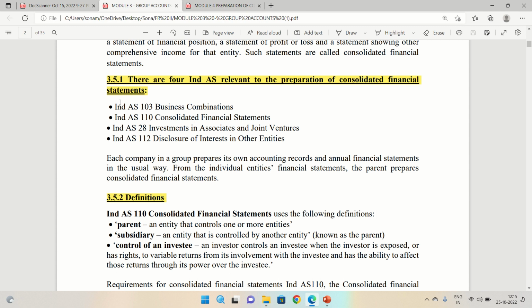That is the main aim or objective of consolidated financial statements. In simple terms, consolidation is bringing together, under the umbrella of a parent company, the financial statements of all its subsidiary companies.